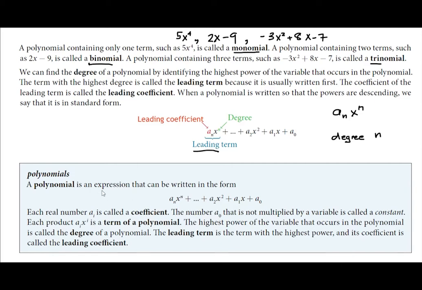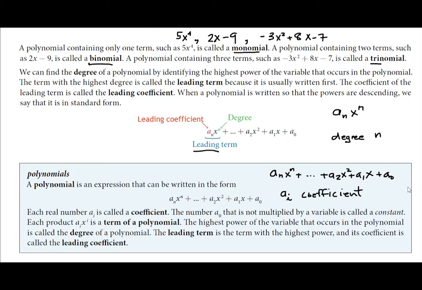So a polynomial is an expression that can be written in this form. The leading term is a sub n, x to the power n, and we just keep adding. We go down to a sub 2 x squared plus a sub 1 x plus a sub 0. That's a polynomial. Each of these constants, a sub i, is called a coefficient.